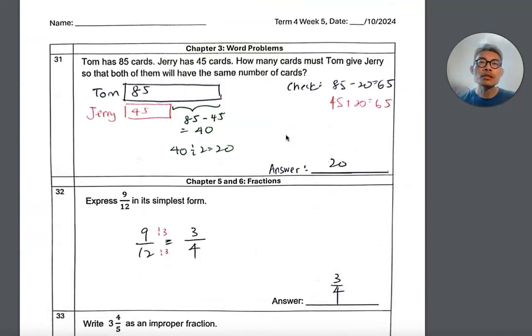Next one, question 31. Tom has 85 cards. Jerry has 45 cards. How many cards must Tom give to Jerry so both have the same number of cards? Very simple. First step, let's find out. There are several ways of doing this. This is one way. I find out firstly what is this extra part. Alright.